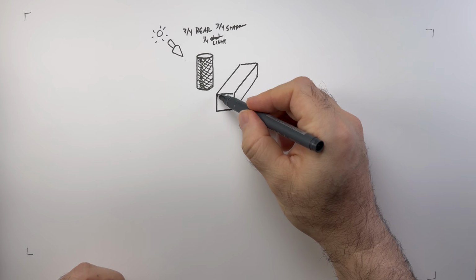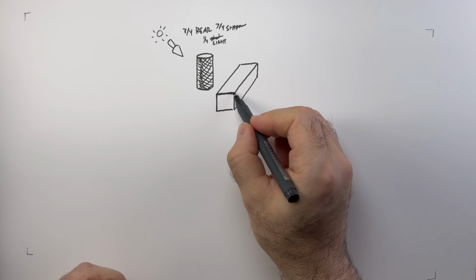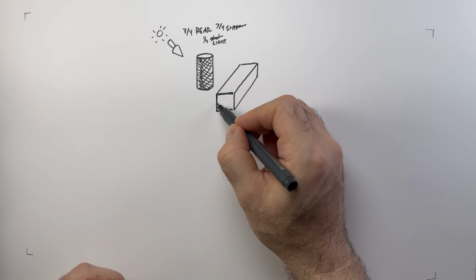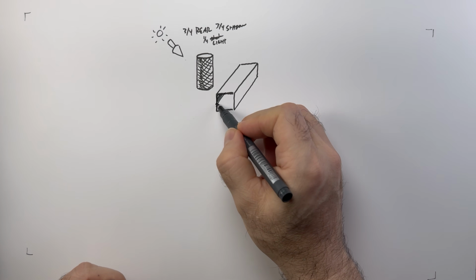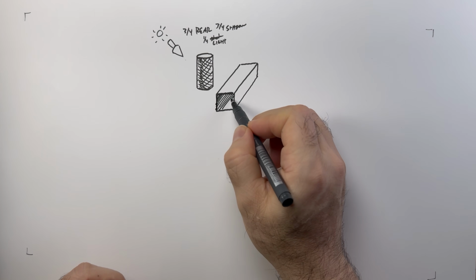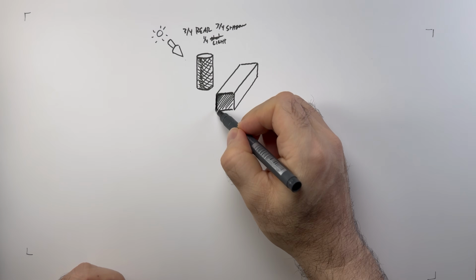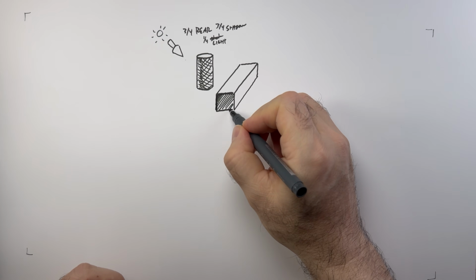On top of that, whatever hard edge you have is going to be the absolute darkest. So this is going to be very, very dark, okay? So we're going to go ahead and darken this. And this side is actually going to be lighter than this side.